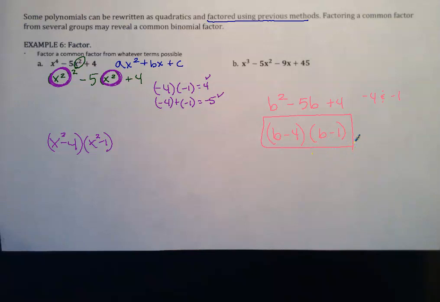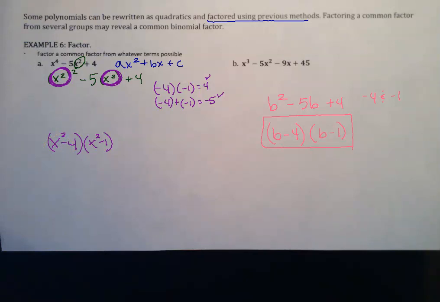Your variables are always going to be the same, right? Whatever variable is used here is the variable we use here. Which is why here, what was being squared was our x squared. That was our term. So instead of having x minus 4, it was x squared minus 4.